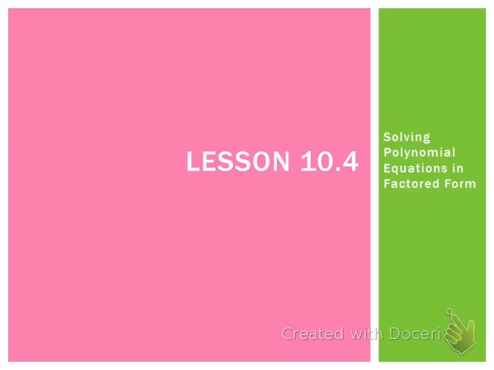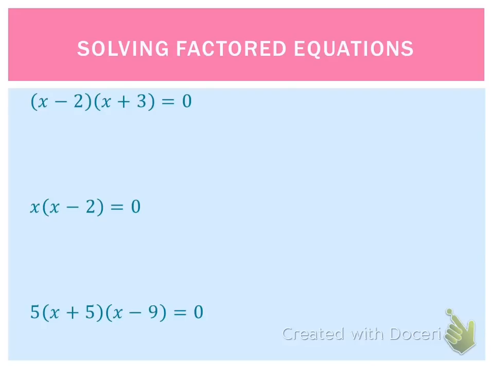Lesson 10.4. We're going to be solving polynomial equations that are already in factored form. Okay, so what we have here is a problem where we have two binomials, and they're technically being multiplied by each other.